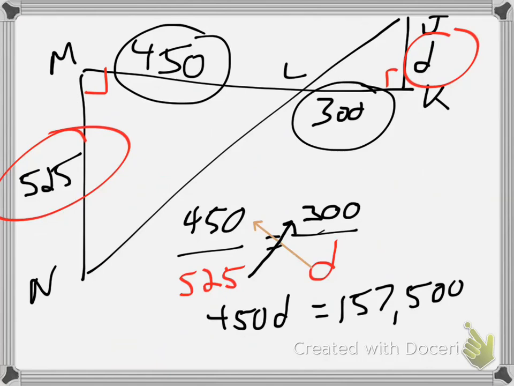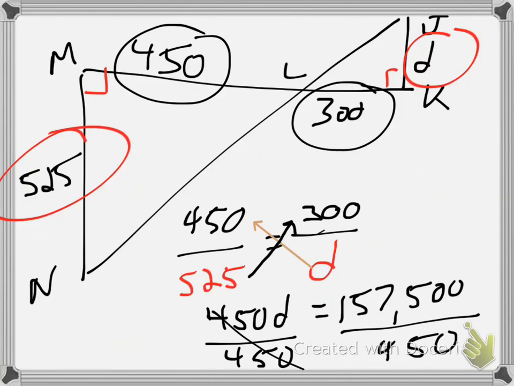Now I'm going to divide both sides by 450. So that I get D is equal to 350. So D is 350. And that's it. That's all there is to it. It's the same thing as similar figures, so you kind of already know how to do this.